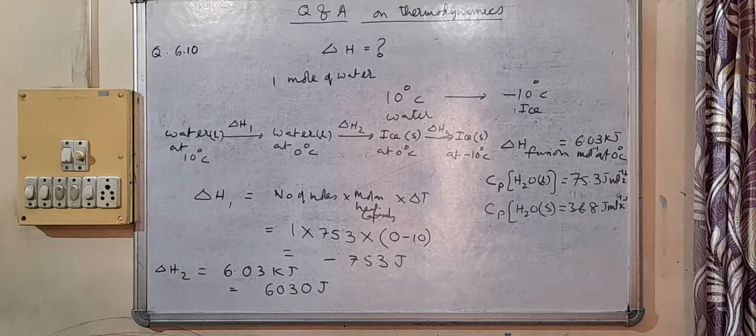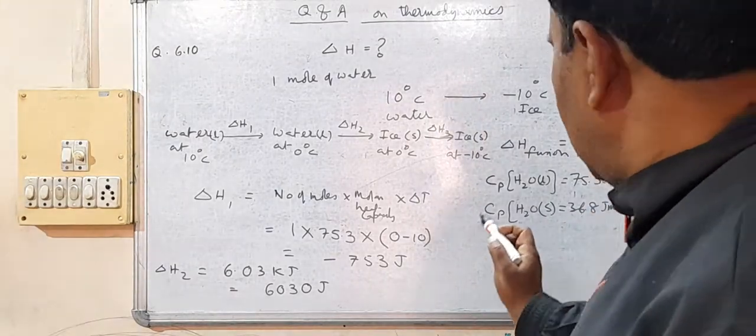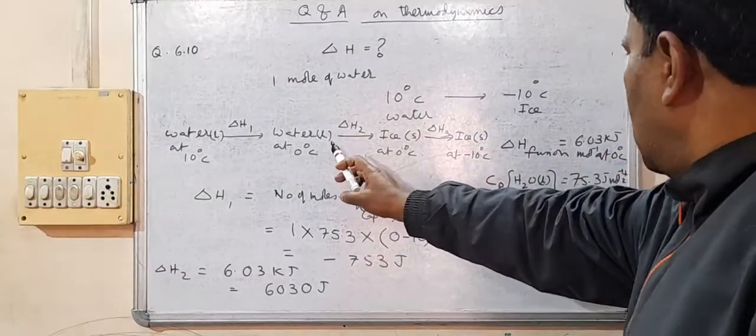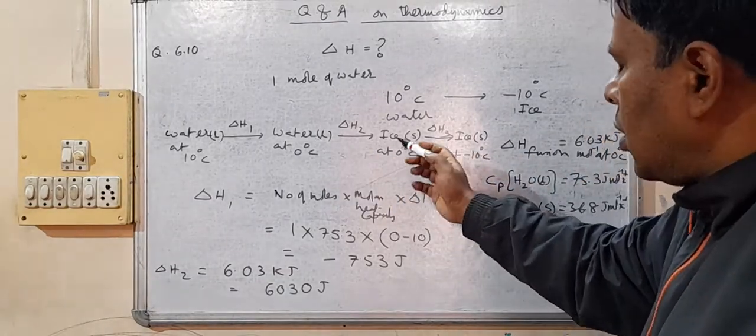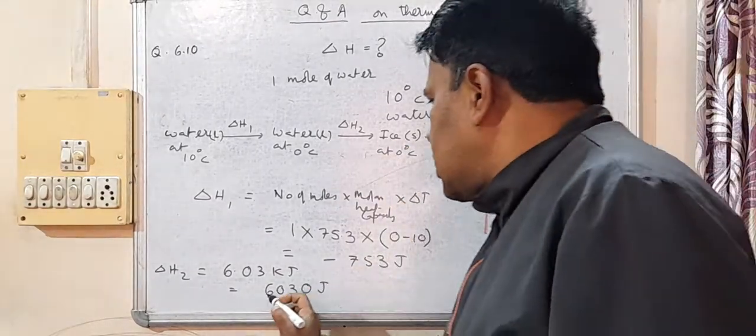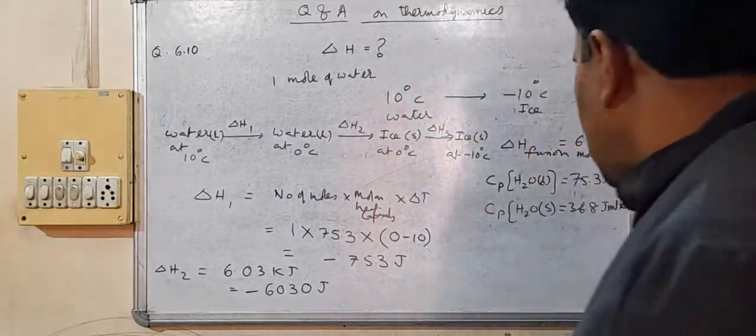And finally delta H3, and here one thing, since here water goes to ice, heat will be released, so delta H2 will be minus 6030 joules.